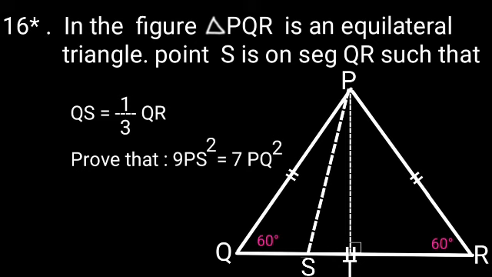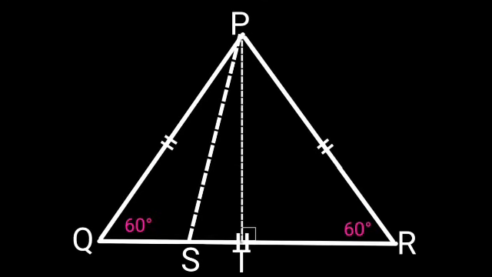Prove that 9 PS square is equal to 7 PQ square. Triangle PQR is an equilateral triangle. Hence PQ is equal to PR is equal to QR.